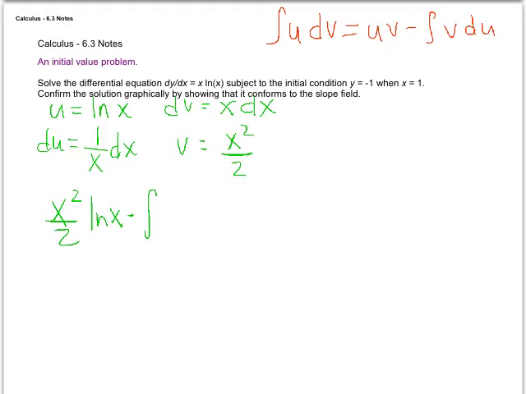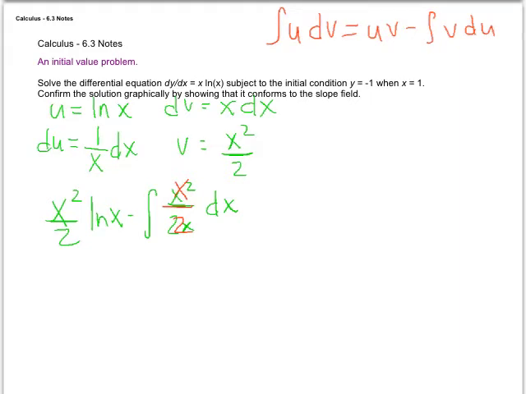x squared over 2x dx. And this actually turns out to be not so bad. The reason is x squared and x cancel out. And so basically what I'm dealing with is x over 2. That's basically what I'm integrating.